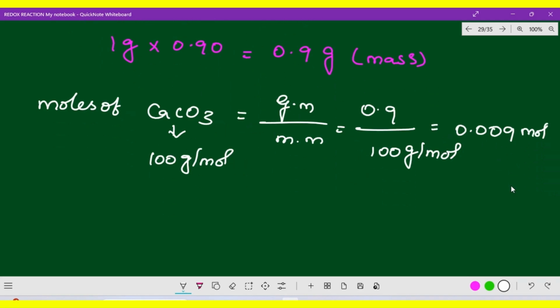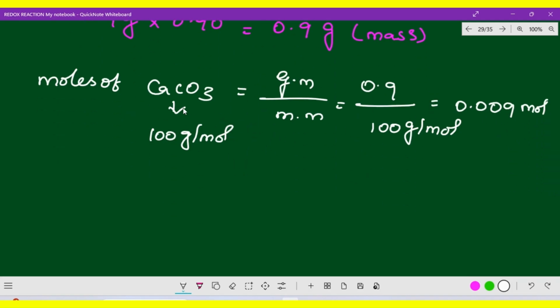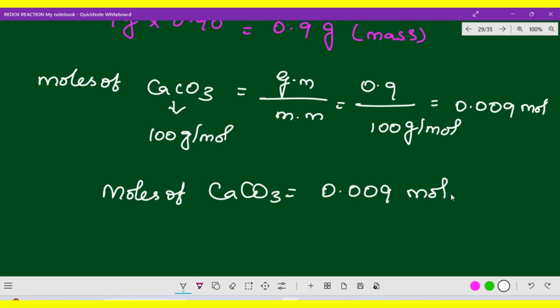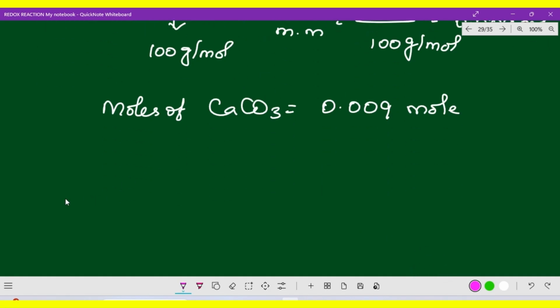Now next, moles of carbon dioxide liberated, that we also have to identify. Moles of calcium carbonate we found, 0.009 mole. Now moles of carbon dioxide liberated, how much is it?